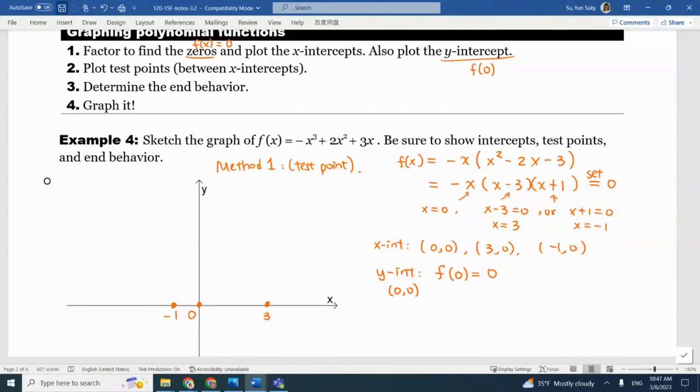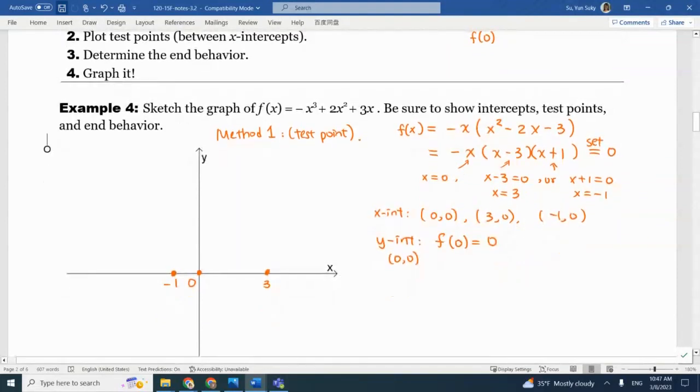Now, test points. Okay, so test points. Do you see this is the x-axis? And then these 3 points separate the x-axis into 1, 2, 3, 4 pieces. Right, everybody?